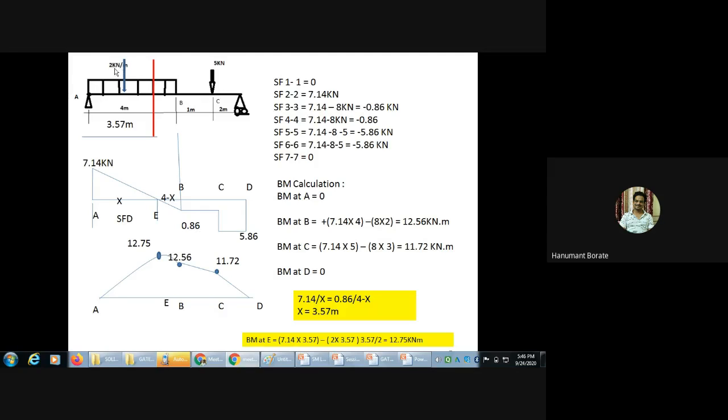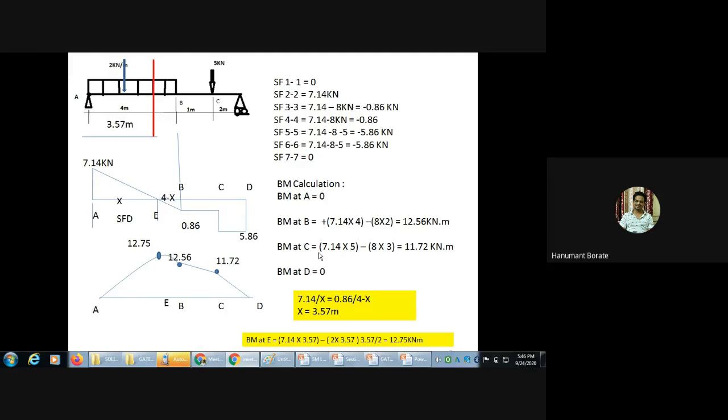So 2 kilonewton into 3.57 meter distance, because we need to consider UDL up to the section line only. So for that purpose, 2 into 3.57 meter. That will be the total load, and that total load will act at the half distance of the partial UDL. Means it will act at a distance of 3.57 by 2.